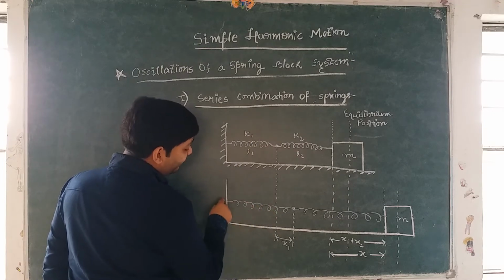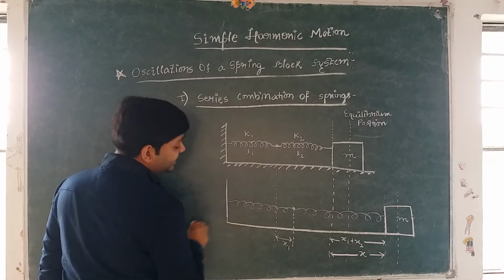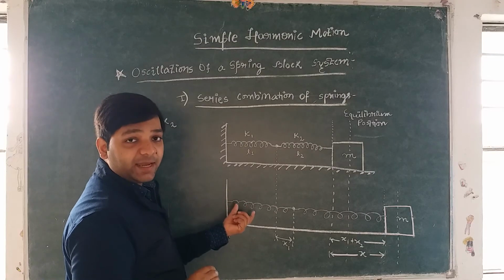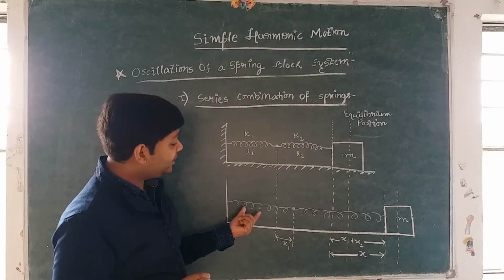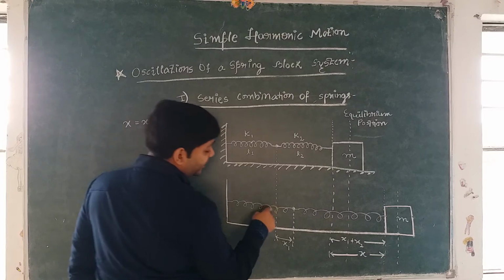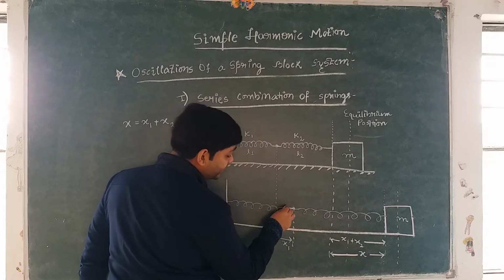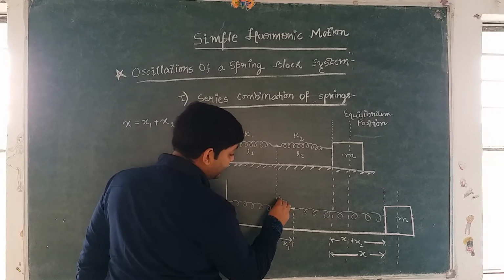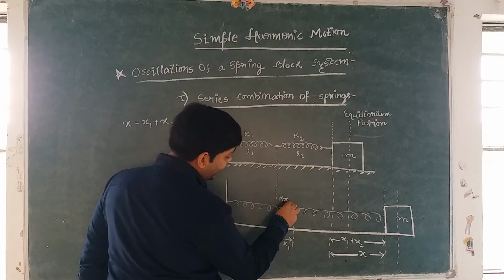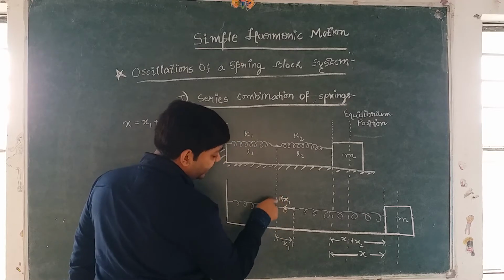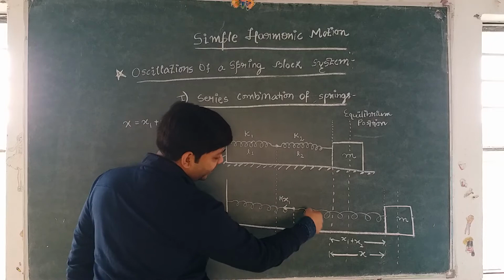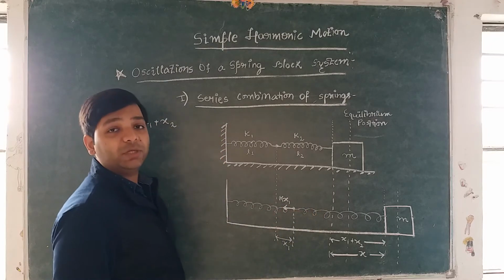This spring will pull the wall towards itself by force kx to restore its original length, and similarly spring 1 will apply a force equal to kx1 because the extension is x1. It will apply the force kx1 on spring 2 to restore its original length.